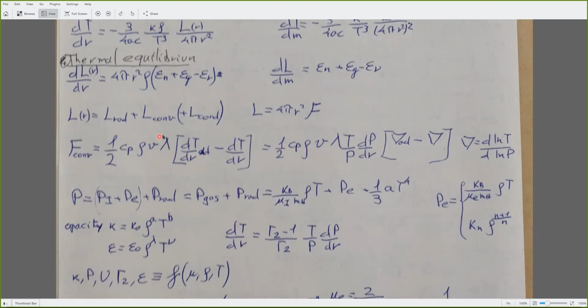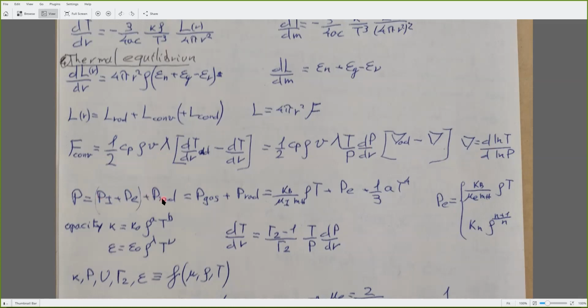All the complicated part of the convection is added by this lambda, the mixing length, that is really complicated, but it's added to the problem.